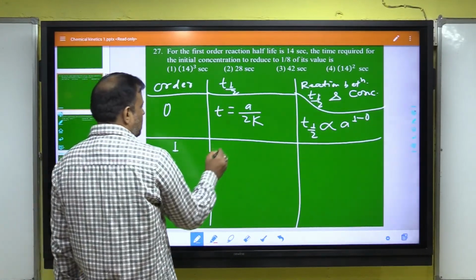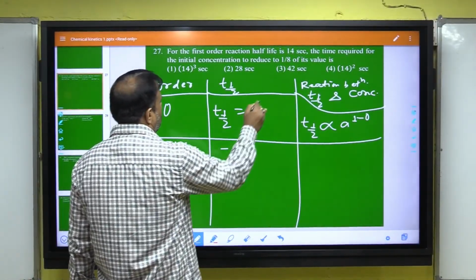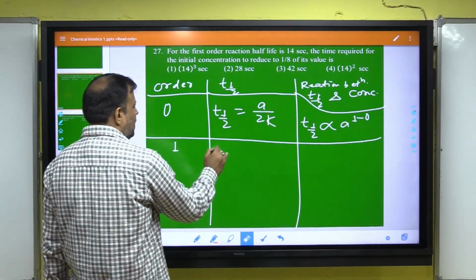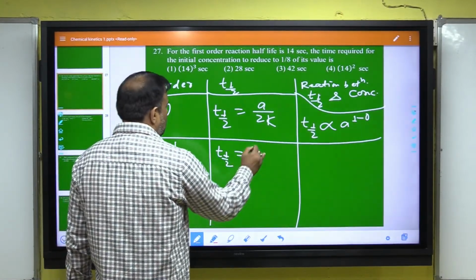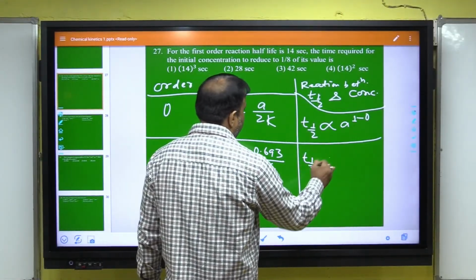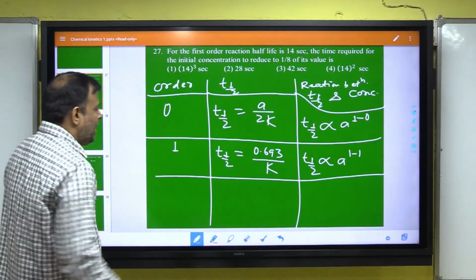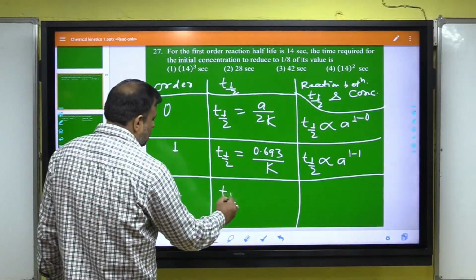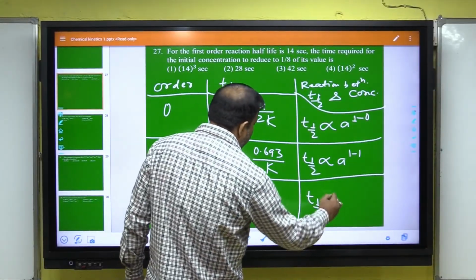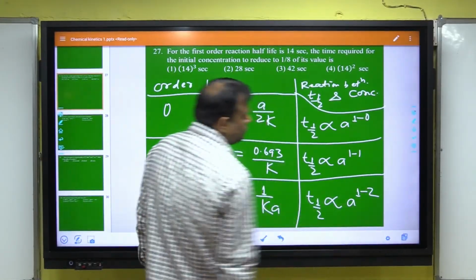First order, T half is equal to 0.693 by K, and T half is proportional to A to the power 1 minus 1, that is 0. And for second order, T half is equal to 1 by K, and T half is proportional to A to the power 1 minus 2.